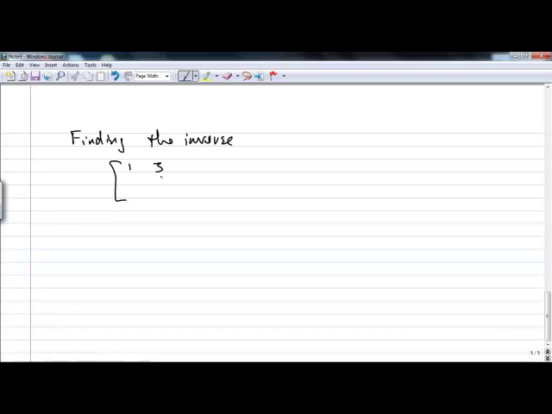So suppose I have a matrix A, and I want to find its inverse. So in this case, we want to find the matrix that makes this equation true. And let's just put some variables in here.